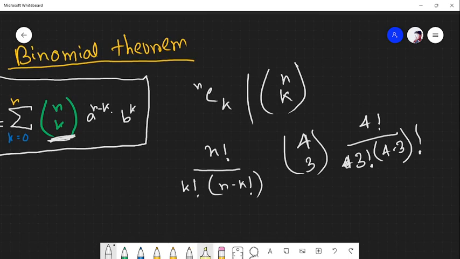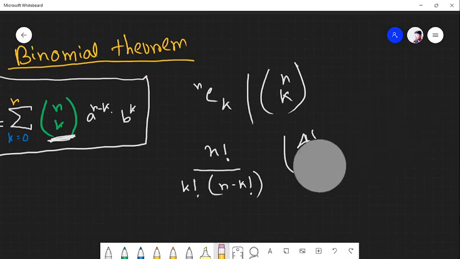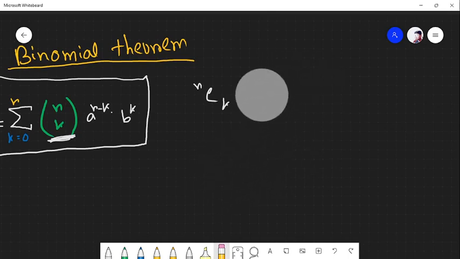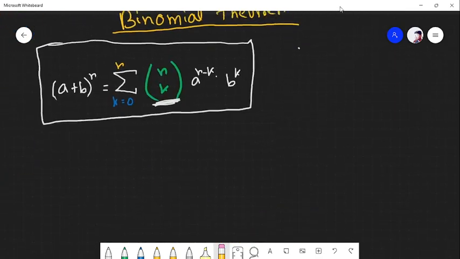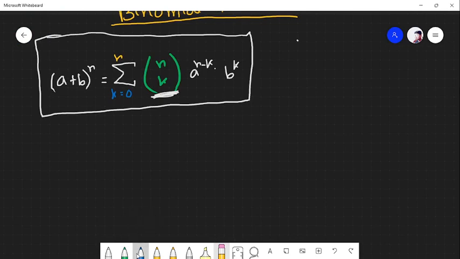So let's go through an actual example. Let's write them down here. How much did we go through? A plus b cubed, right? So let's do a plus b to the power 4. So it will be equal to, here k should be from 0 up to 4, n should be 4.